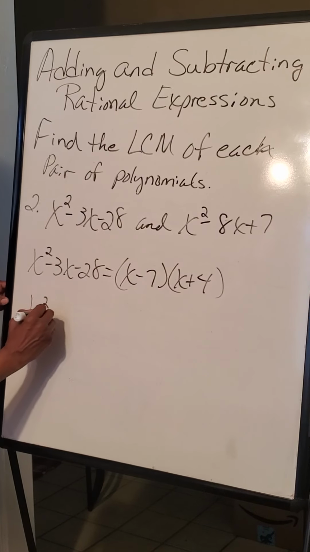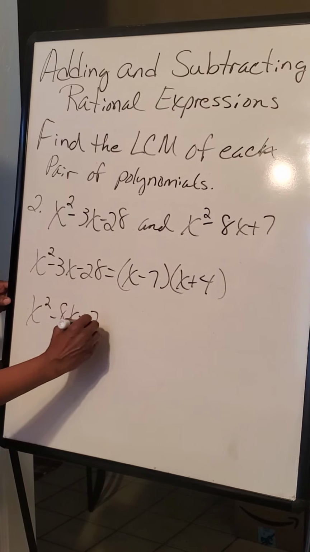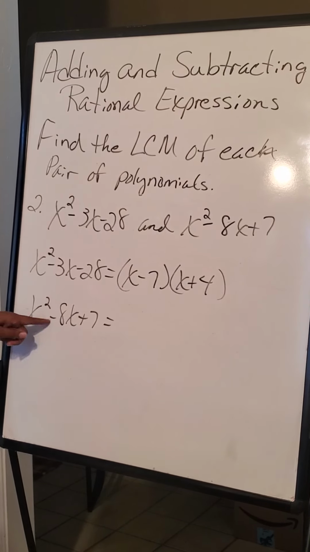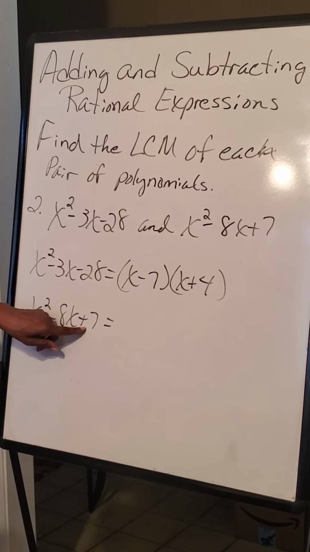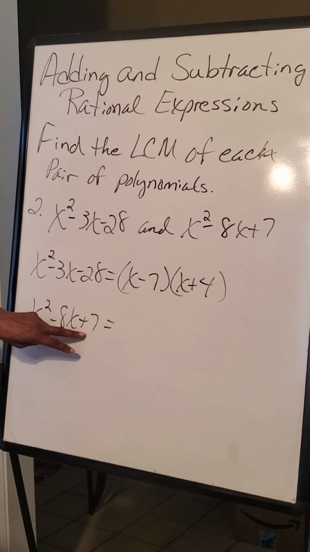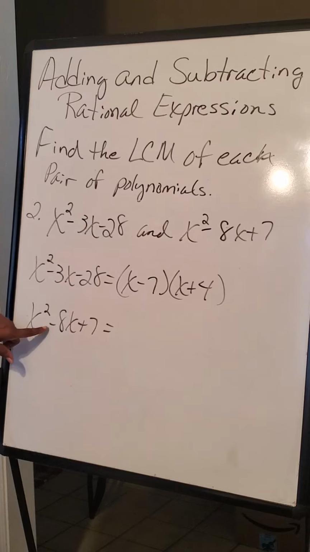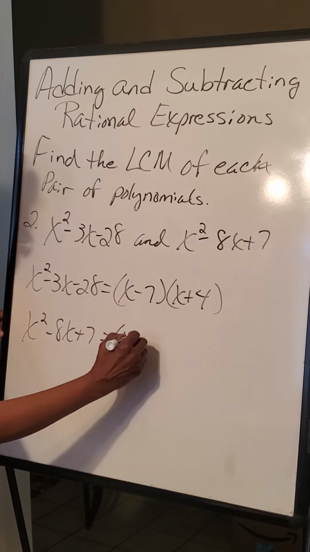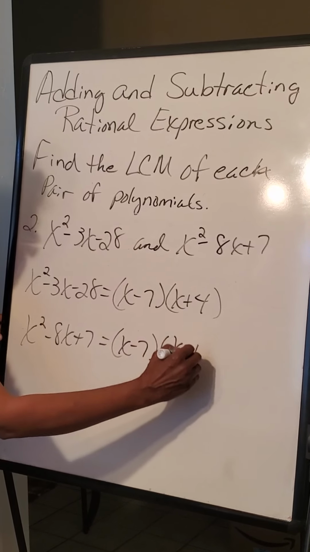On that second one, I need two numbers I can multiply and get a positive 7, combine and get a negative 8. Well, in order to get a positive 7, I will either multiply two positives or two negatives. Since the 8 is negative, both of these factors need to be negative, so I would have a negative 7 and a negative 1.